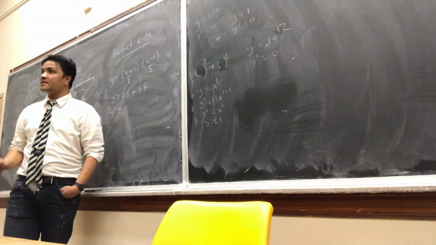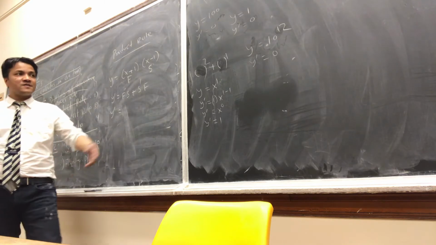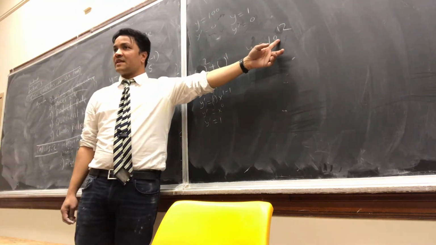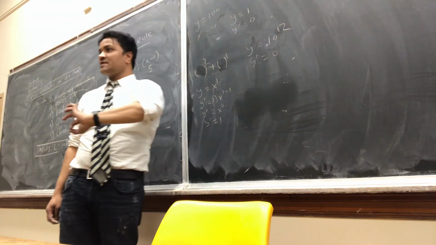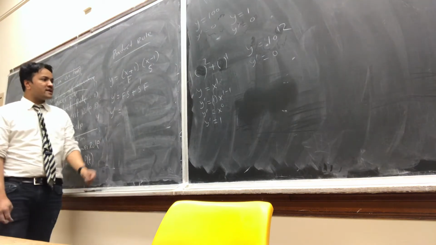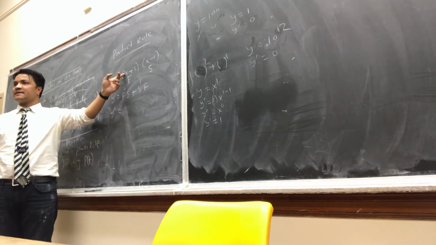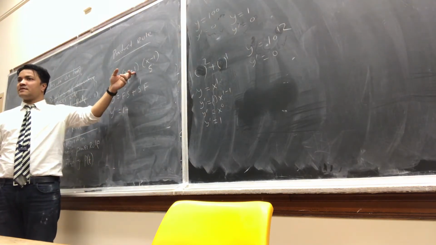Okay, that's by definition. The derivative of a constant is always 0. Is this a constant? Yes, a number. If there is no variable next to it, then it is a constant, and by definition, the derivative of a constant is 0. So what is the derivative of x? 1. Plus, what is the derivative of 1? 0.